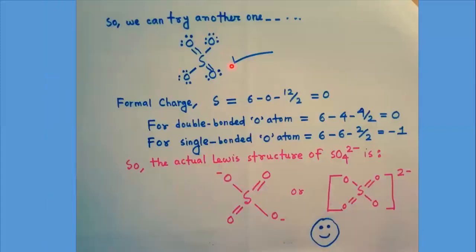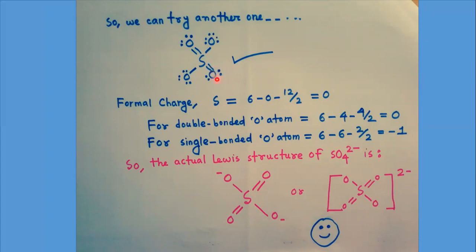We can see here another structure of sulfate. We withdraw two electrons from these oxygen atoms from here to here and make a bond between sulfur and oxygen. Here another electron pair is withdrawn and makes a bond between sulfur and oxygen.